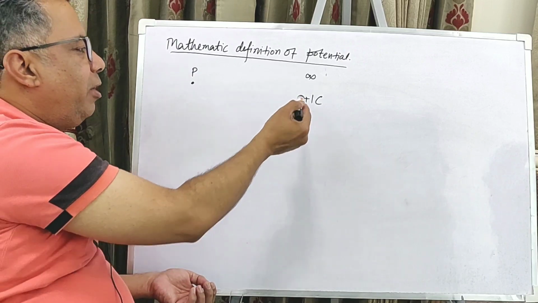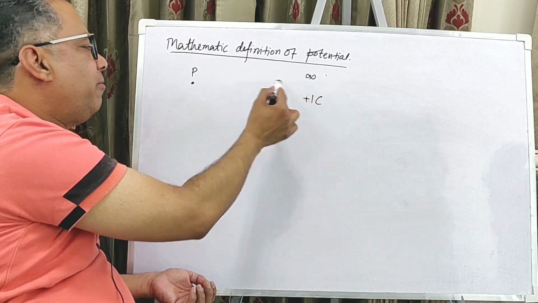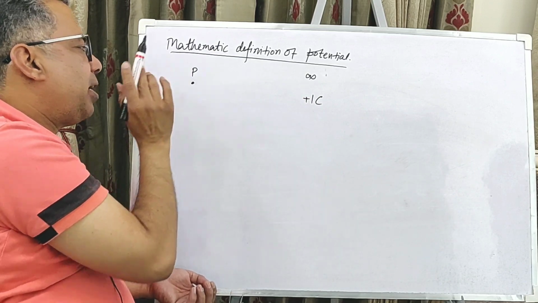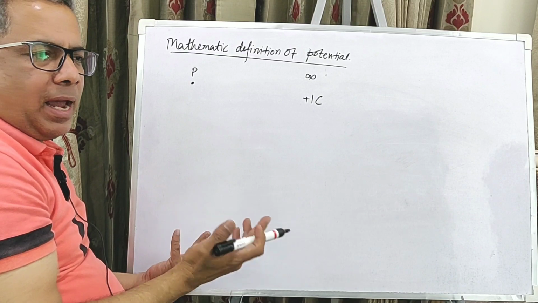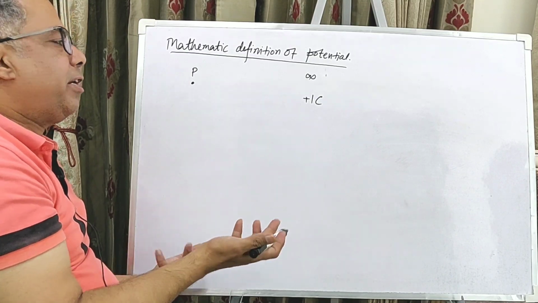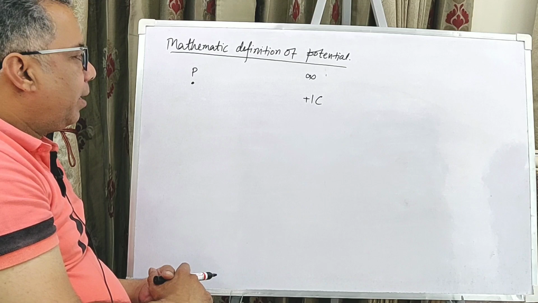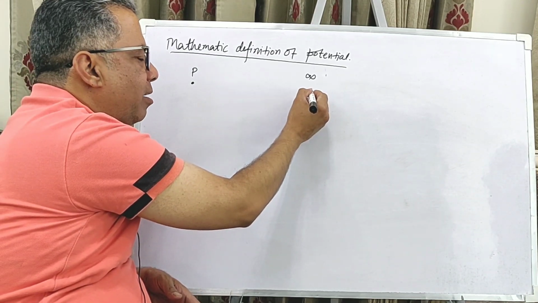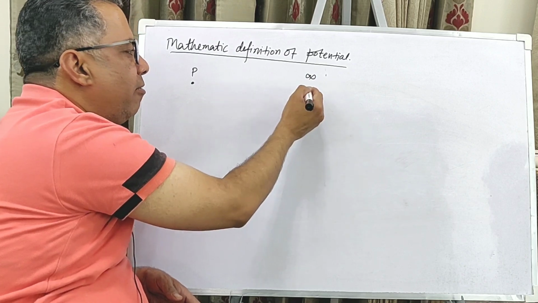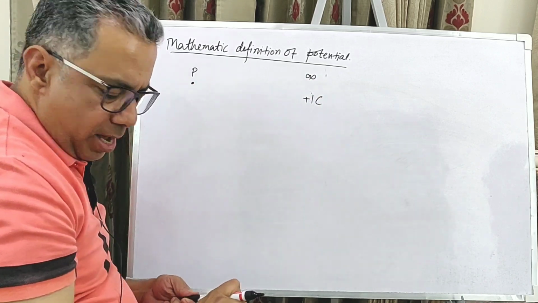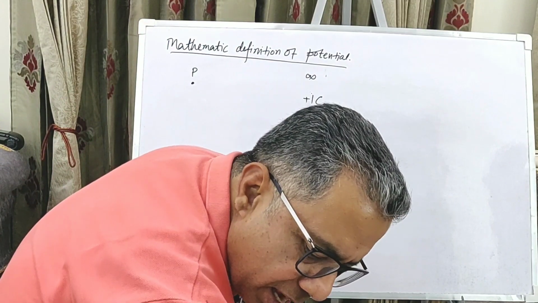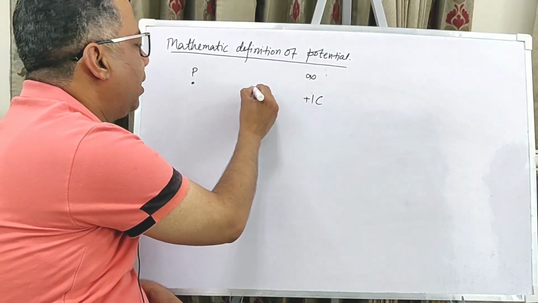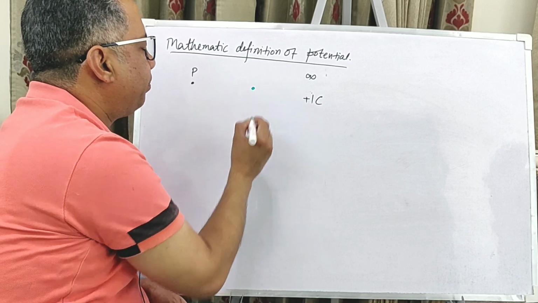So we'll be bringing a 1 coulomb charge from infinity to point P. We'll calculate its potential energy there, and that potential energy will actually be the potential at point P. So we've taken up this 1 coulomb charge at infinity and we are bringing it from infinity all the way up to point P. Let's examine this charge at this point over here.